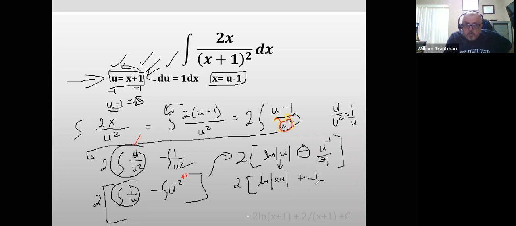One over u. And you see these two change to a plus, and this is u to the minus 1, which is 1 over u. And I'm changing the u part once again. The u part is over here, x plus 1.